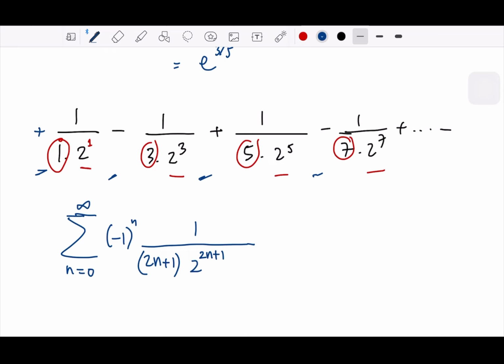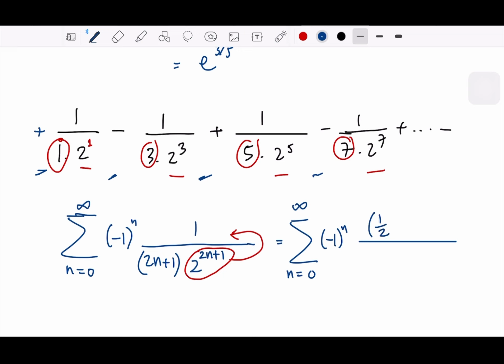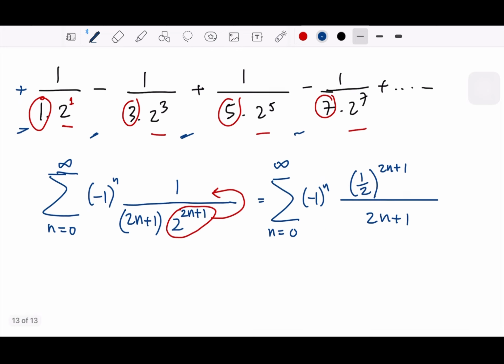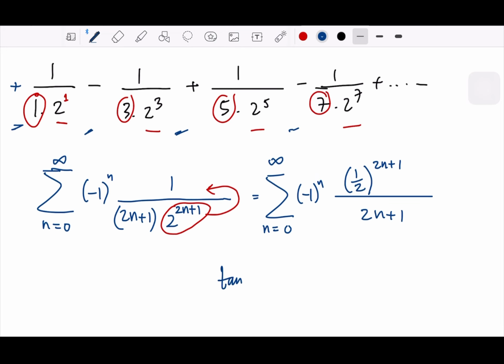Now, if I take this and make it into the top, what I can do is take this in terms of 1 over 2 and then 2n plus 1 like that, right? And still this is 2n plus 1. And this is simply our tangent inverse.